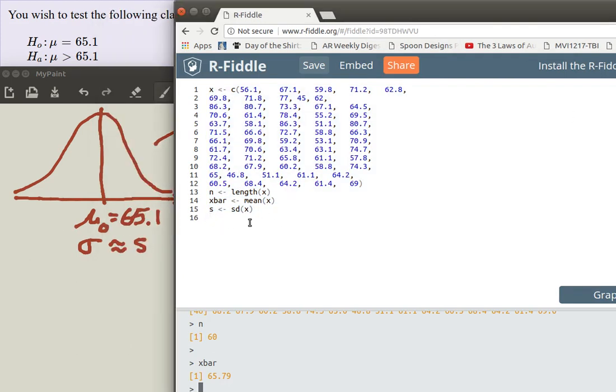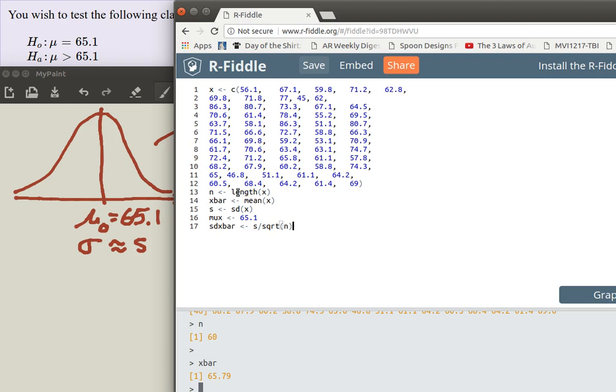Remember that mu sub x is really the same as the original population, so that's going to be 65.1 in our case, and the standard deviation of the distribution of the x bars, the standard deviation of x bar, is going to be equal to the standard deviation of the population, but we're going to have to use s, the standard deviation of the sample, divided by the square root of n as our estimate.